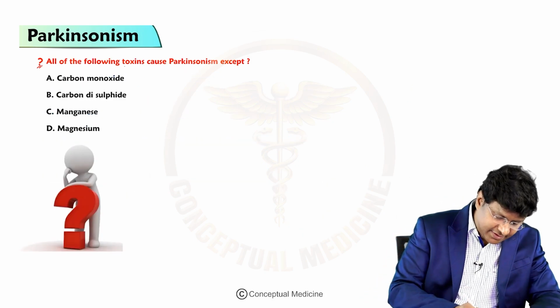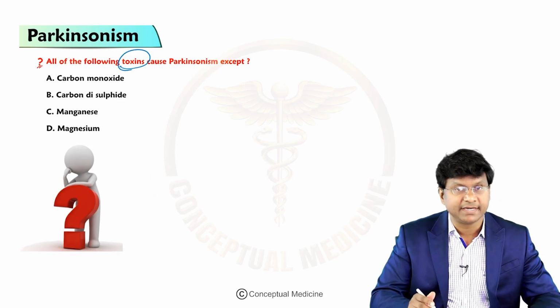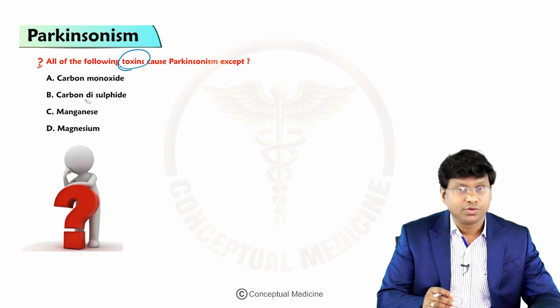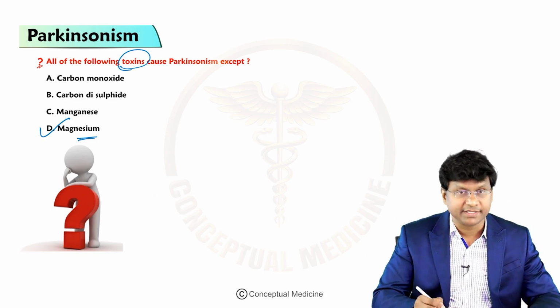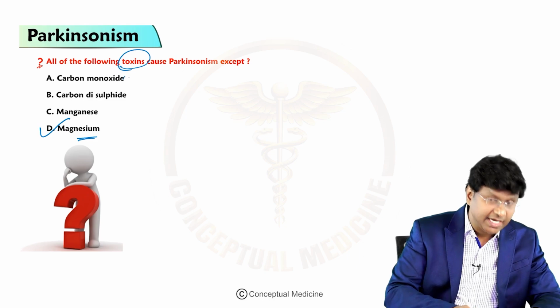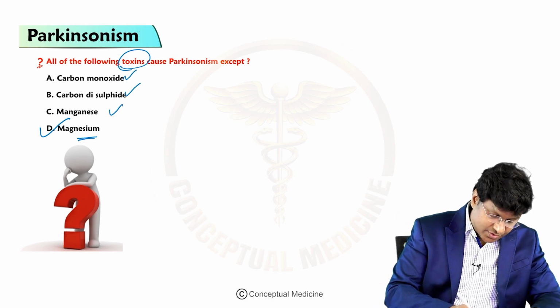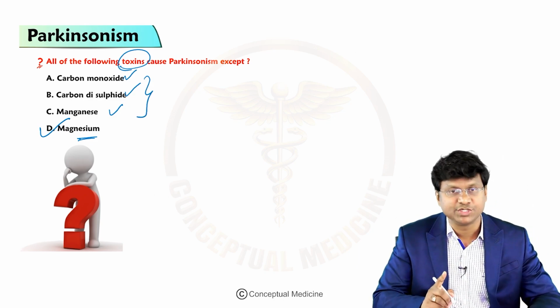Then followed by that, I have discussed the toxins. All of the following toxins will cause Parkinsonism except: carbon monoxide, carbon disulfide, manganese, magnesium. So it is magnesium which will not cause Parkinsonism, whereas carbon monoxide, carbon disulfide and manganese, all these three will cause Parkinsonism, but not magnesium.